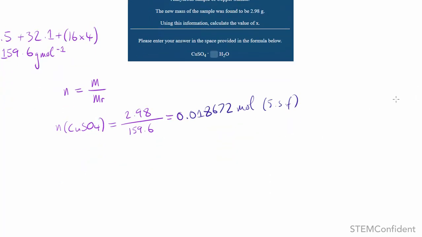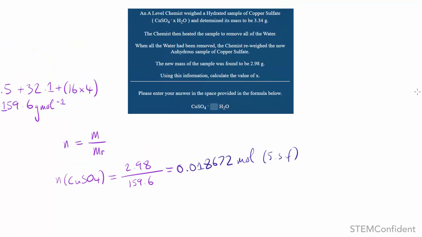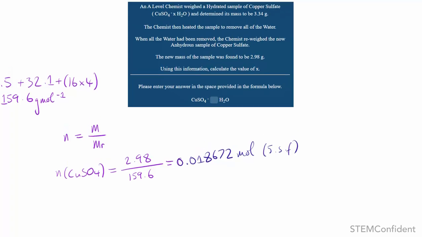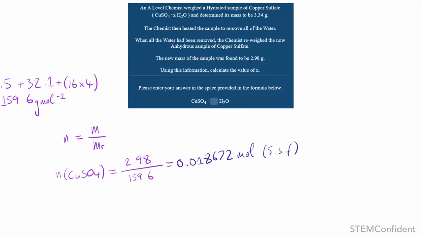Okay, so the other thing we're going to need to do is work out the number of moles of the H2O. For H2O, we don't have a value for the mass of H2O directly. We do need to do some arithmetic to figure out the mass. We've got the hydrated mass and the anhydrous mass. If we subtract the anhydrous mass from the hydrated sample mass, we get the mass of the actual H2O.